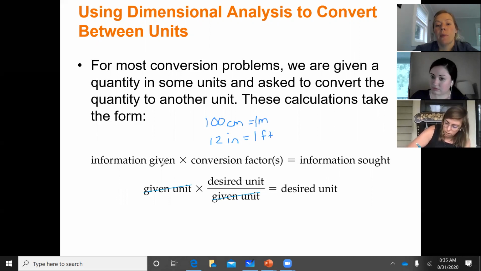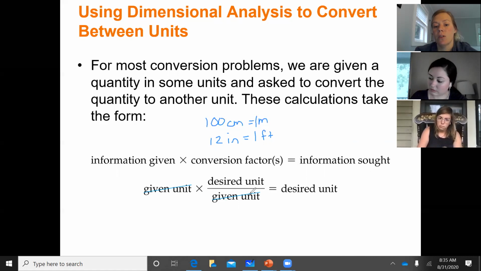When you take your given information and multiply it by whatever the conversion factor is that you're using, you should be able to get your information sought, or your find. It'll be written sort of like this. You'll have your given unit. You'll multiply by your conversion factor in such a way that the given unit is underneath the fraction bar. The desired unit will sit on top of the fraction bar.